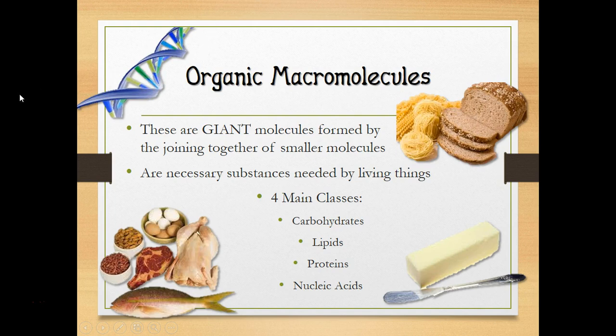So we're going to talk through the major classes in this particular section, some of the things you're going to be expected to know: what are their building pieces called, what are the big molecules called, what are the types of specific bonds that hold those pieces together, elements that they're made up of, what's their function.